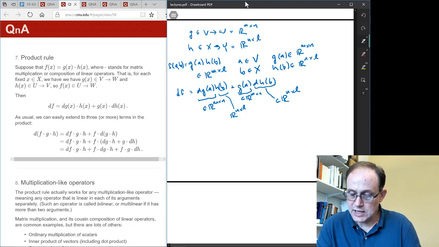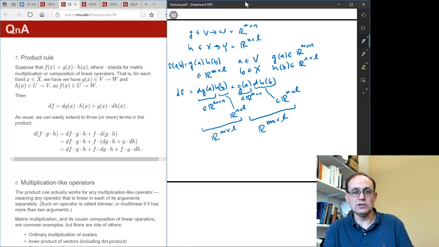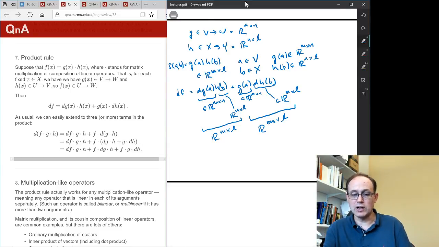So each one of these expressions is R^(m by l), and so when you add them together, the whole thing is going to be an R^(m by l), which is good because then you can add them together and get that the type of df is going to be a matrix in R^(m by l).